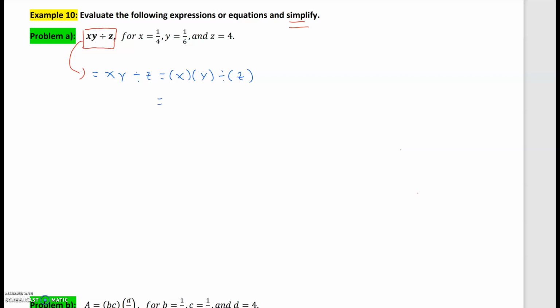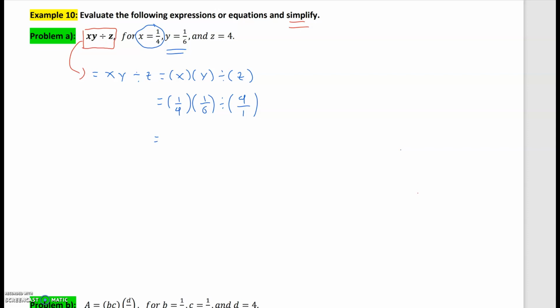So our x value happens to be 1/4. Our y value is 1/6. And then we're dividing by the value of technically 4. I'll just write it as 4/1 because we're going to have to flip that.